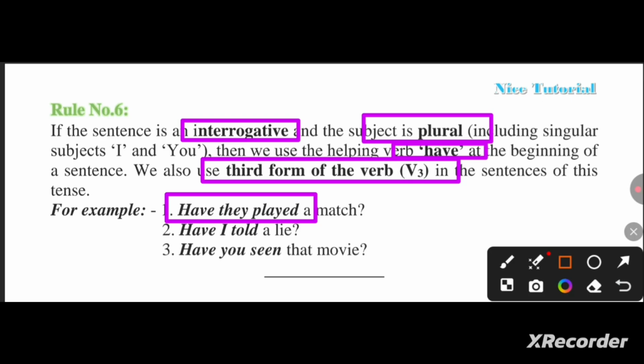Similarly, in the third sentence, even though the subject is singular, that is you, we have again used the same rules which are applied to the plural subjects. Have has been used at the beginning. Third form of the verb seen has been used over here.